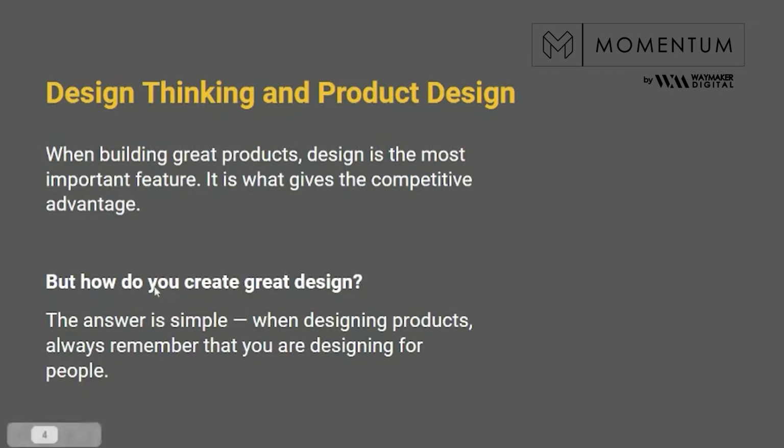So now it says, but how do we create a great design? And the answer is actually simple. It says, when designing products, always remember that you're designing for people. People-centered product design is actually what makes the product awesome in the long run, because you're actually designing to a successful end.